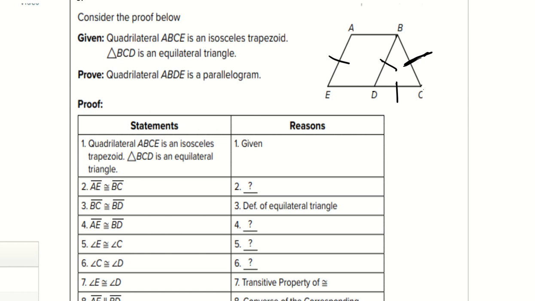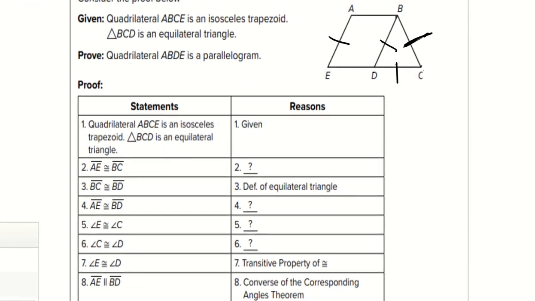So by definition of isosceles trapezoid, that means that AE has to be the same as BC, and then BC has to be the same as BD because it's an equilateral triangle.